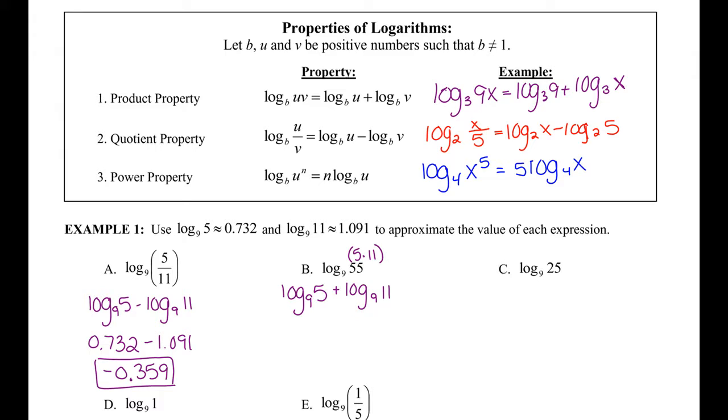And then I'm going to replace them with their approximate values. And this time I'm going to add them together to get an answer of 1.823.